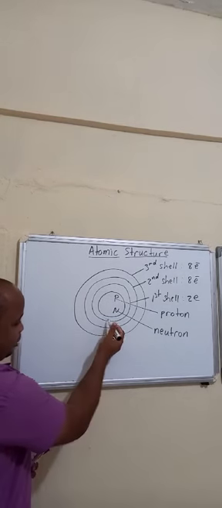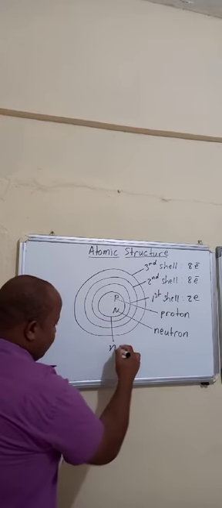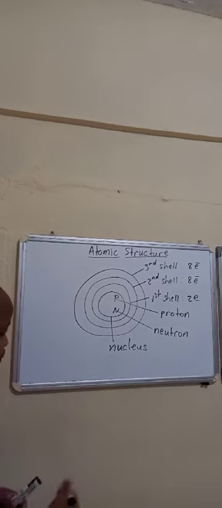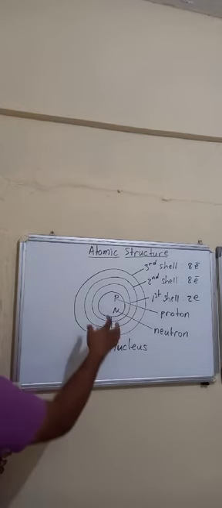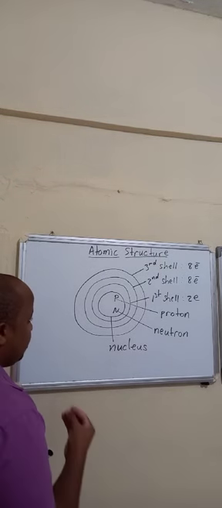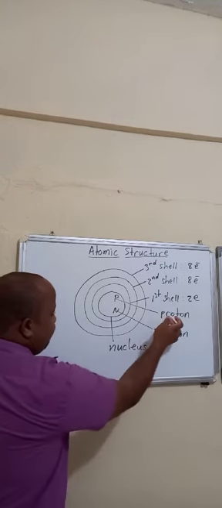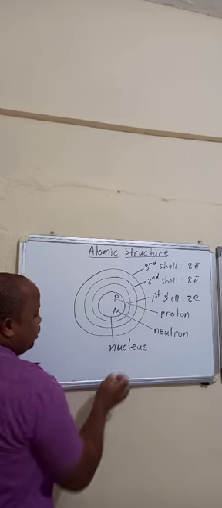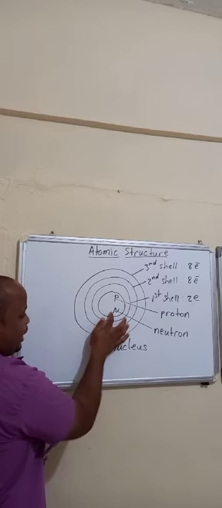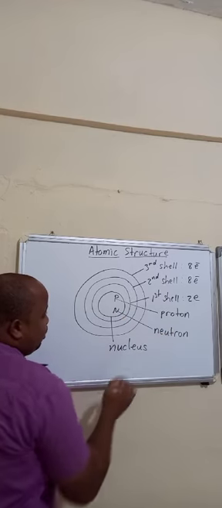So the first circle here is our nucleus. Every atom is composed of a central nucleus, and inside the nucleus you will find the protons and the neutrons. You will put a P to represent protons and an N to represent neutrons.